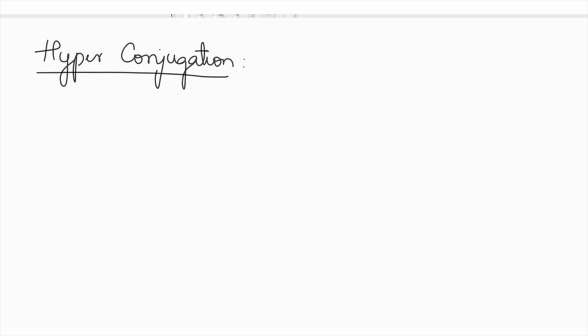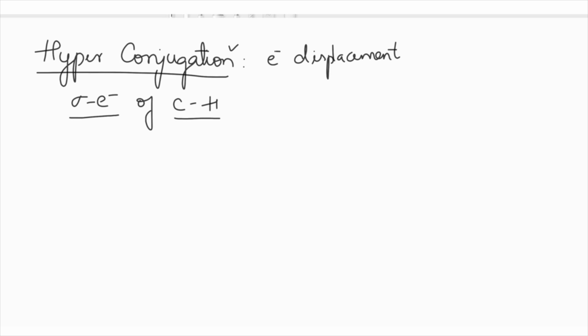Today's topic is hyperconjugation. This is the fifth type of electron displacement and also the most powerful among all the effects. It is a phenomenon which is nothing but the delocalization of the sigma electrons of a C-H bond that is attached to a pi bond or a p orbital.